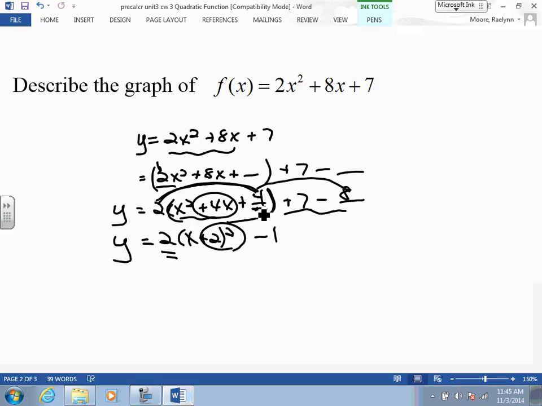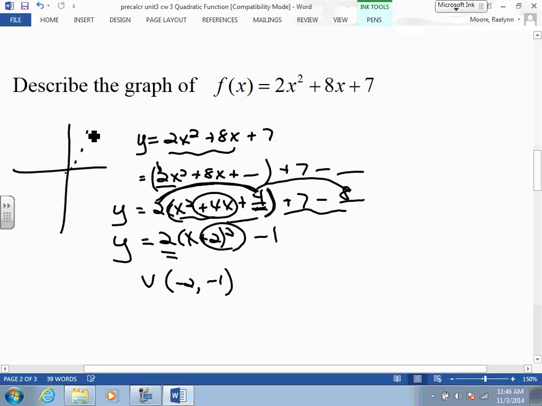Okay? Now, what does that 2 in your dilations give me? A stretch, a vertical stretch. So what's your vertex? -2, -1. If you were graphing this, you start with your x squared, right? Where's your shift? Left 2, go left 2.